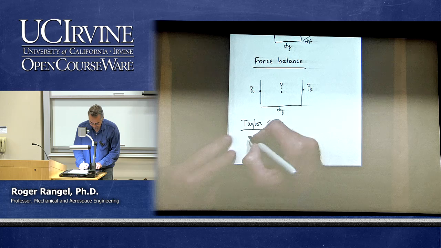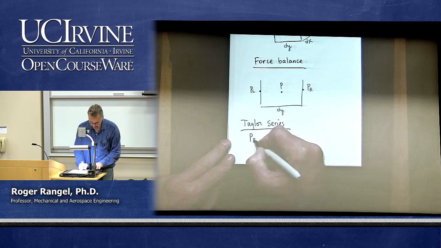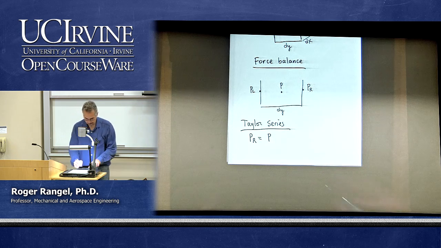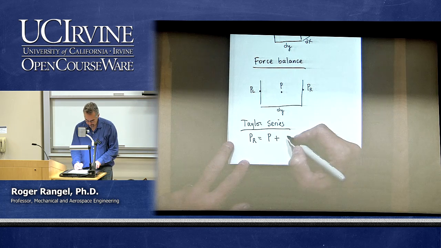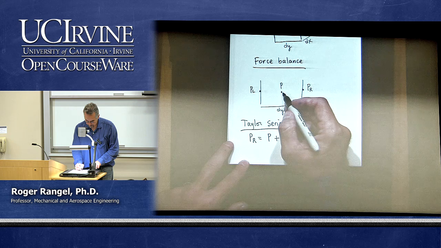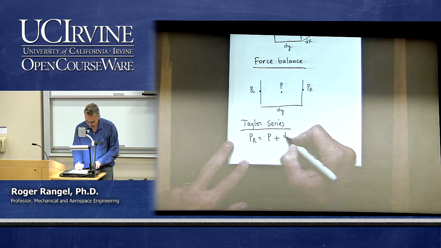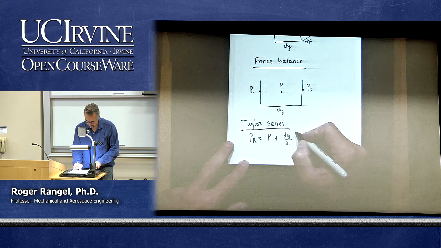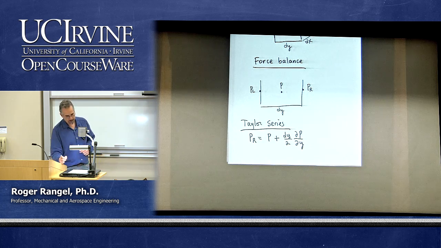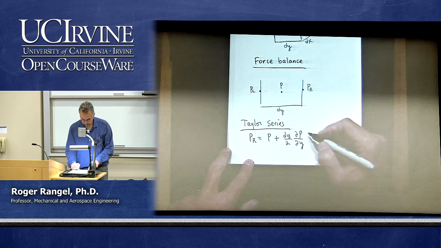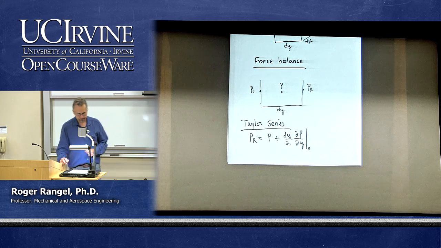For example, I can say that the pressure on the right is equal to the pressure at the center plus the distance from the center to the right, which of course is dy over 2, times the first derivative of the function P, the function pressure, with respect to y, because that's the direction that I am moving. And of course, this is evaluated at the center.